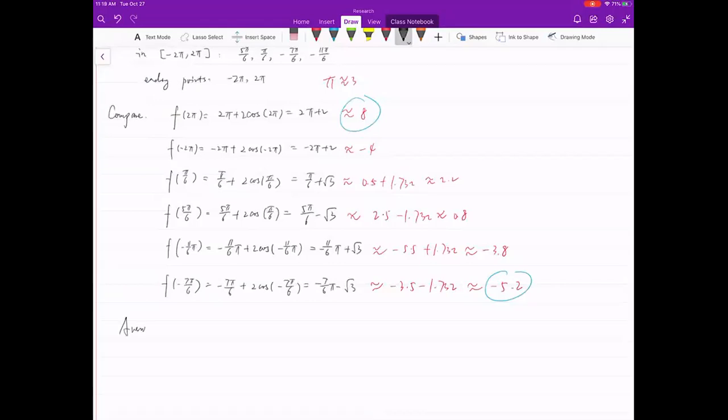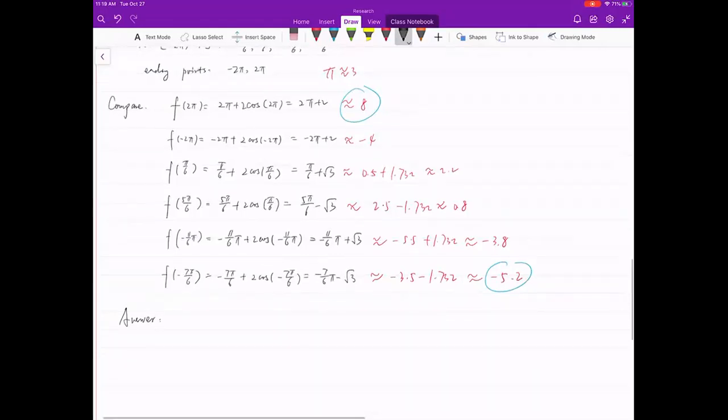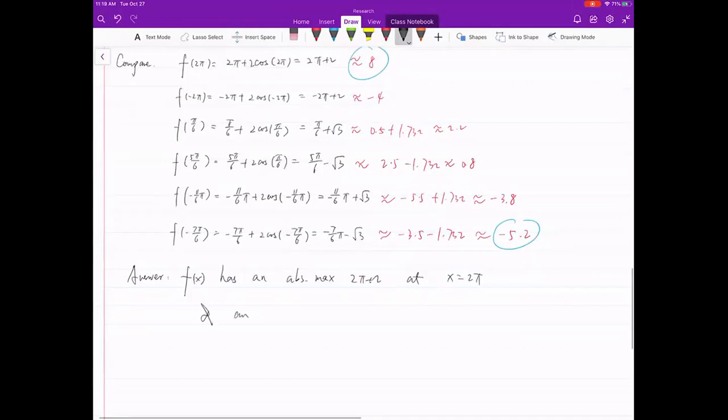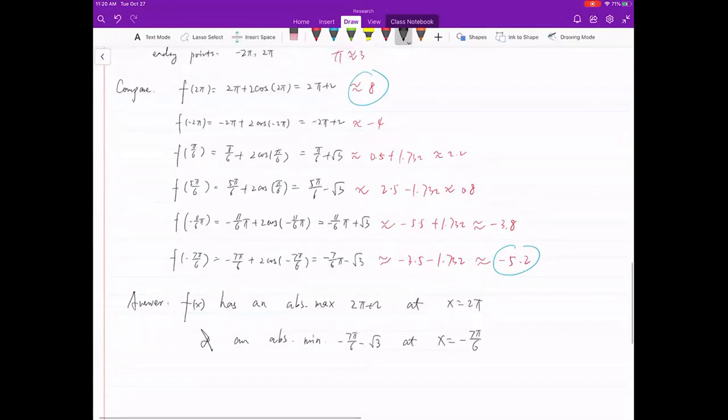So, the answer is, okay. This will be the value of the maximum.